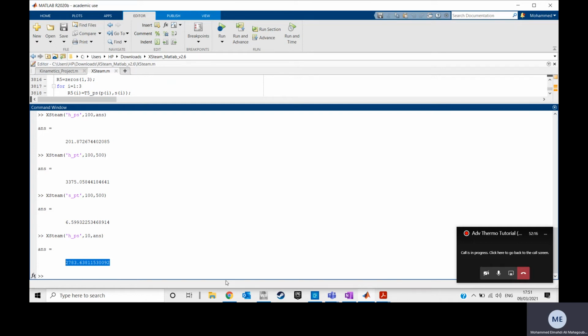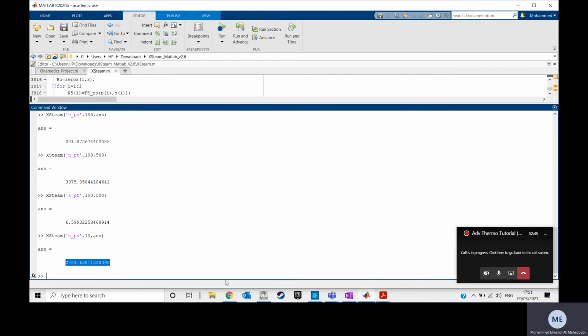So you go to the tables, and you know that you have that entropy, which is 6.99. And what's the value of the pressure? It is 1 megapascal. So you go to table A5, because this is the one that has the pressures. 1 megapascal is equivalent to 1000 kilopascals. So I go to 1000 kilopascals, and I see this value of entropy, which is 6.599.